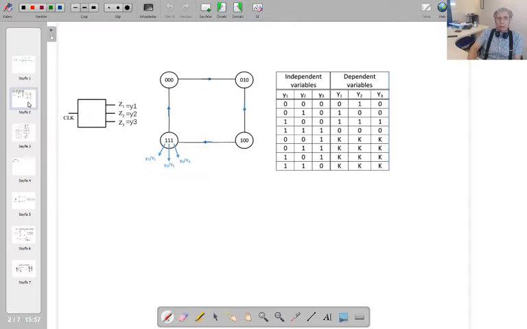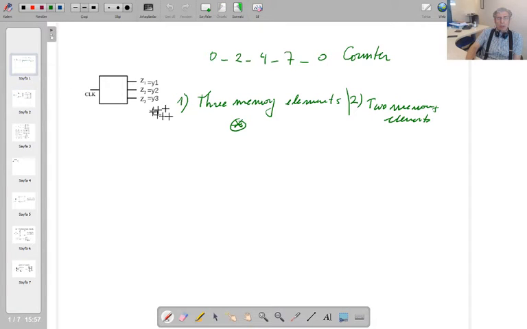Look at this. What happens is that memory elements Y1, Y2, Y3, three memory elements, can separate 8 states from each other. But in here, I will be using only these ones, when Z equals 0, 2, 4, 7.